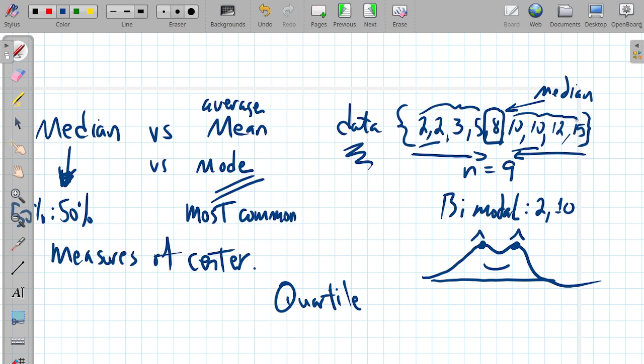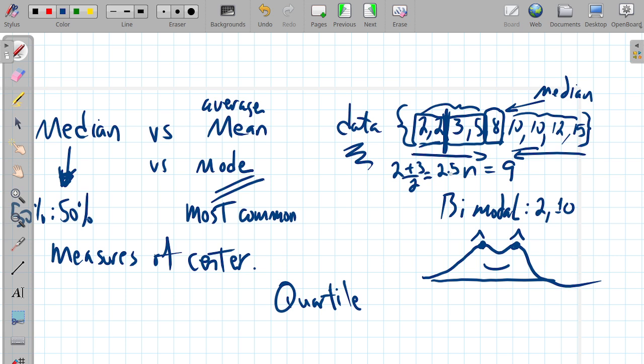There are a couple of ways to do it. The way that's relevant to the university here, and I'll probably do the other way at another time, is to find the middle of the bottom half. So we have 4 observations, so that middle is right here, halfway between the number 2 and the number 3. So in this case, we would simply take the average to get the first quartile, and that's going to be 2.5.